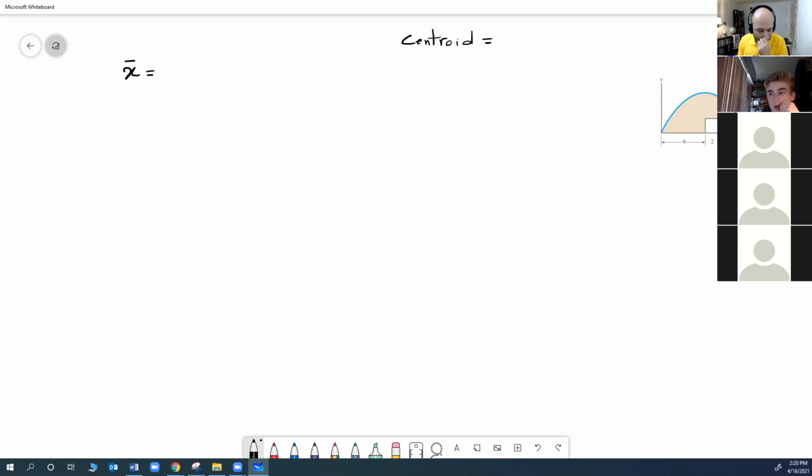What is centroid? Center of mass is what they're all saying. Nope, it's not. Center of area. It has nothing to do with mass. I don't see any mass here. All right, what is center of mass called?